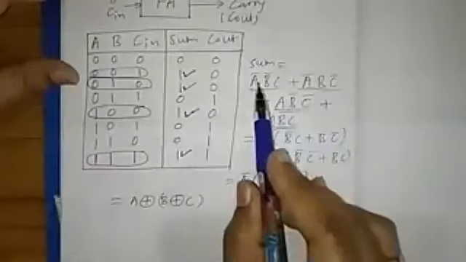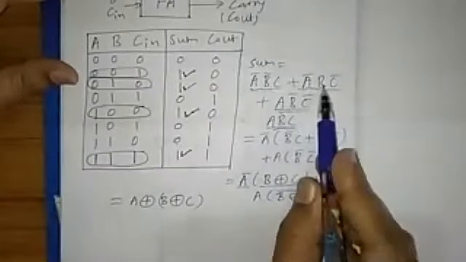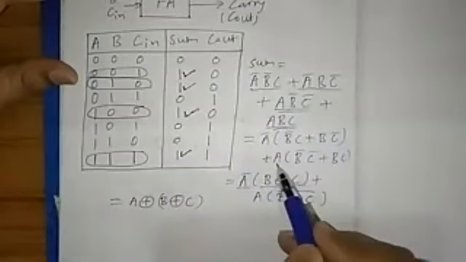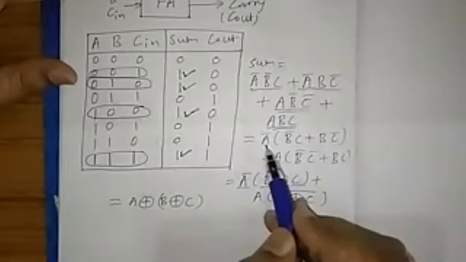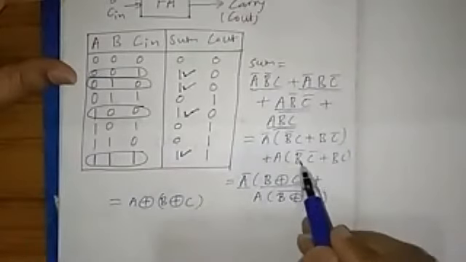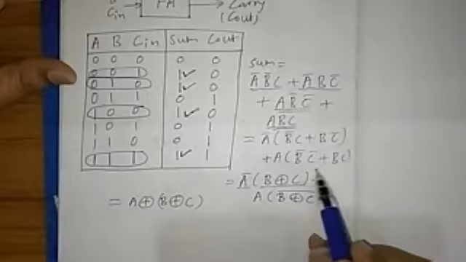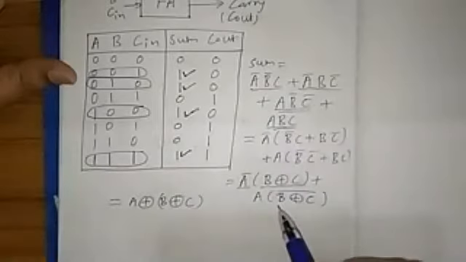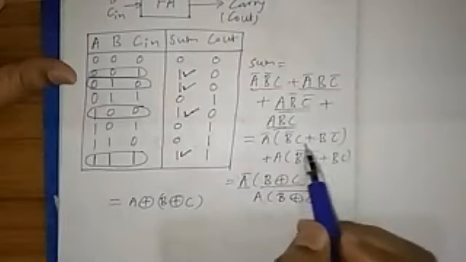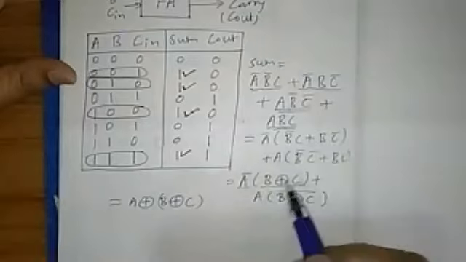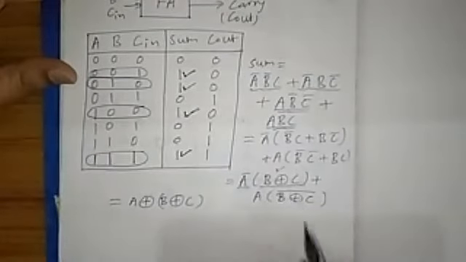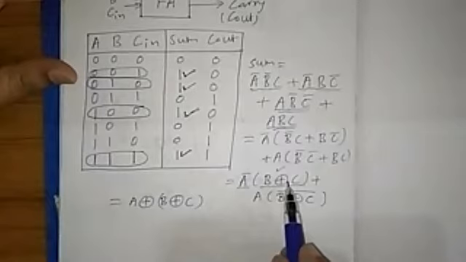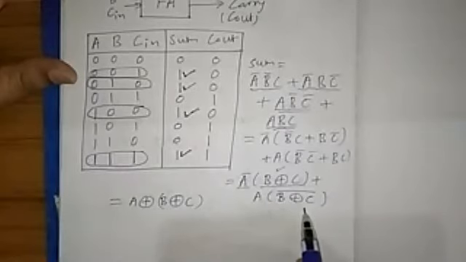Okay, if I write the expression once, then I will take A bar common from these two terms. From here, these two terms I will take A common. Okay, so that B bar C plus B C bar, and A bar, then A, and in bracket B bar C bar plus BC. B bar C bar plus BC is B XNOR C, and B bar C plus BC bar is XOR gate, B XOR C. Now if you see, this B XOR C is taken as it is here, and the complement of that is the second term.